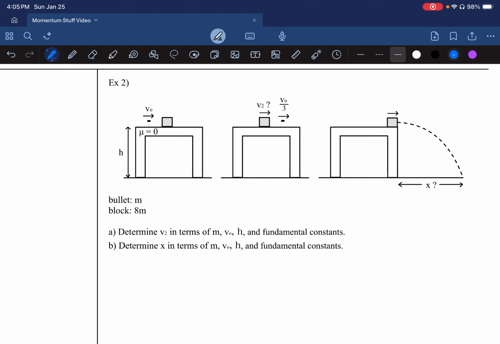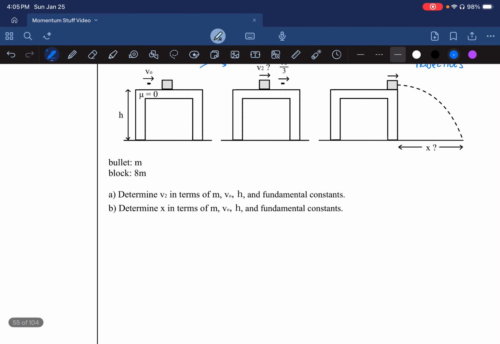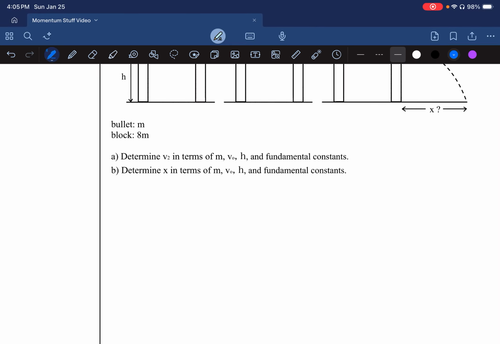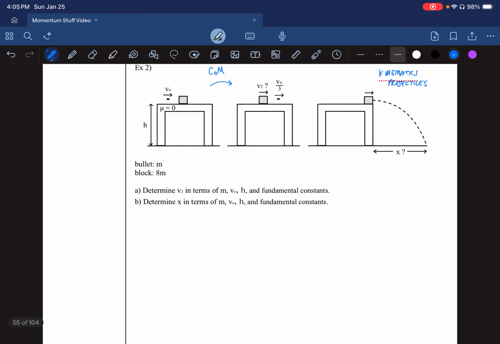And so, again, collisions, this is conservation of momentum. And then this part over here is kinematics, particularly projectiles. Okay, numberless problem. Let's start with the conservation of momentum.